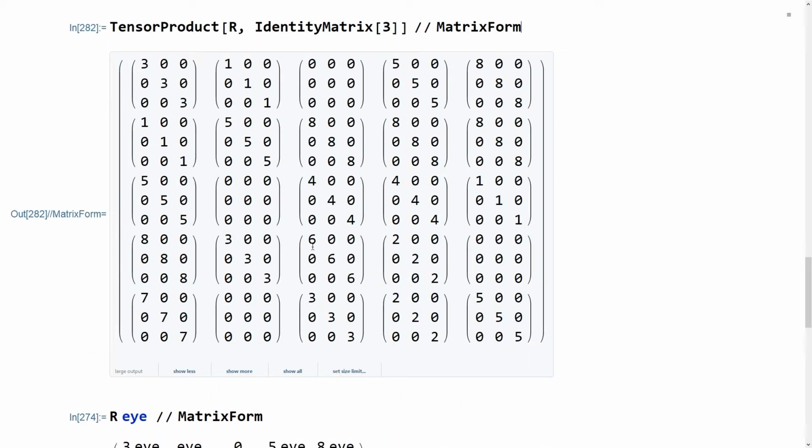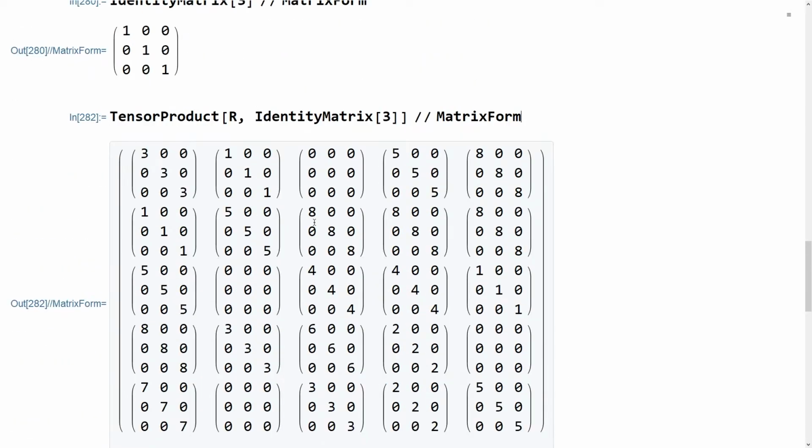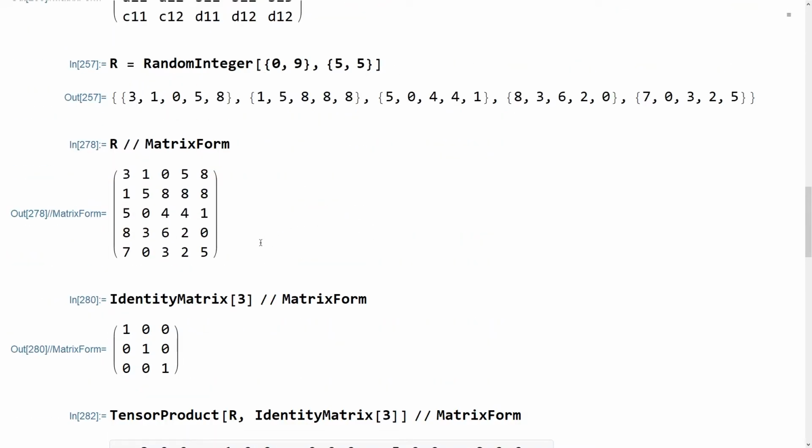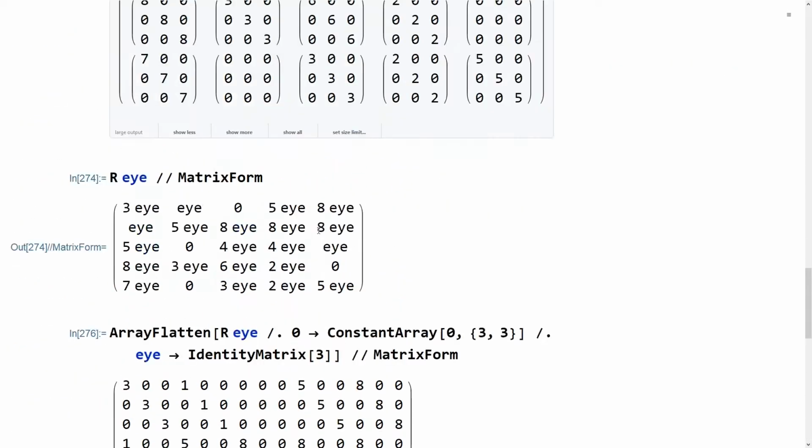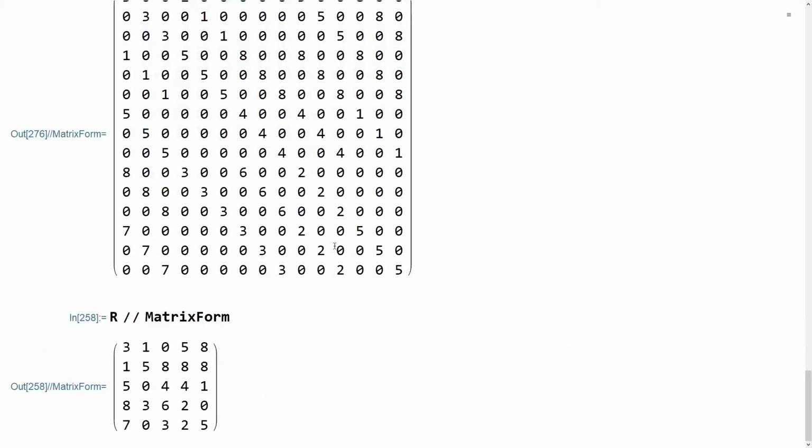So something to keep in mind if you have to work with these kinds of block matrices in the future, and if you've spent a good deal of your mathematical career wondering what a tensor product is. On matrices, a tensor product is just a per entry multiplication where the little matrix goes inside the big matrix, or where the second matrix goes inside the first matrix. Okay, so that's some basics of block matrices and array flatten.